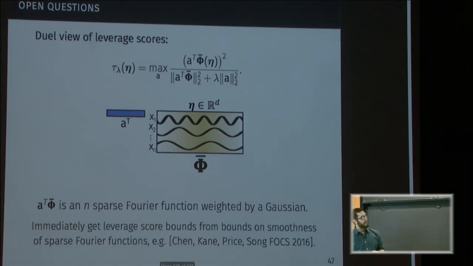There's already work on bounding these functions, their spikiness, in low dimensions. At least from my experiments and intuitively, I don't see that their spikiness should grow exponentially in the dimension or anything like that. So my hope is that by bringing in more powerful tools than just the test function design, we should be able to get much better bounds in high dimensions.